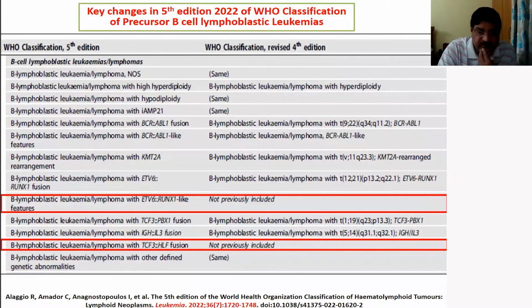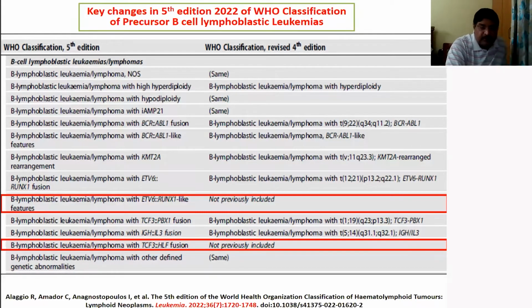You have the TCF3-PBX1 fusion, which was nothing but the 1;19 translocation, which was there before. And you have the IGH::IL3 translocation, which is retained in the same classification as well. So TCF3-HLF fusion is also a new entity.